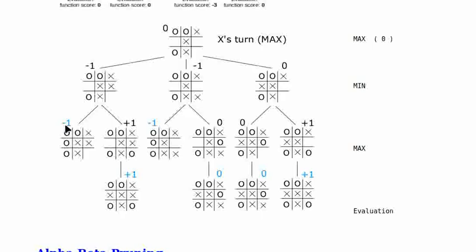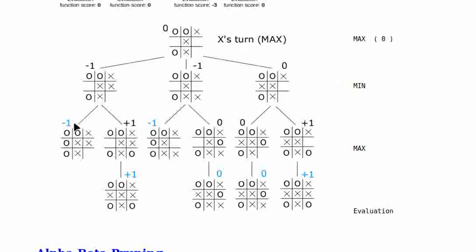At the root, it is max, and the next level is min, then max. So the maximum of 1 is 1, 0 is 0, 0 is 0, and the maximum of 1 is 1. This is the leaf level. Then this is the minimal level.